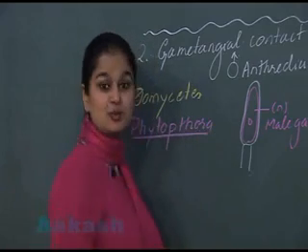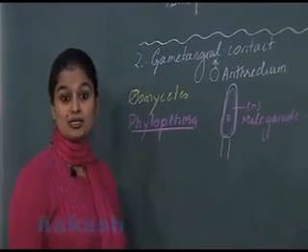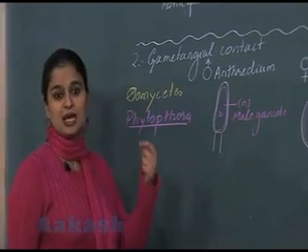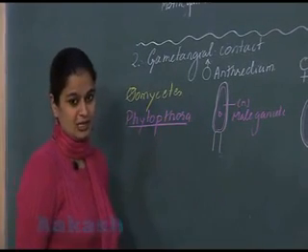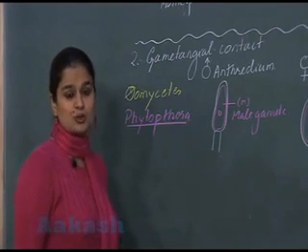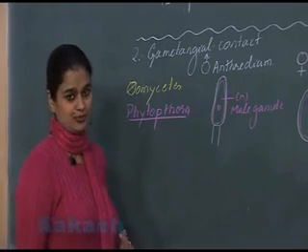Yes, one of the species of Phytophthora, it is involved in causing a disease. Name of disease is late blight of potato. Phytophthora causes one disease, that is late blight of potato.